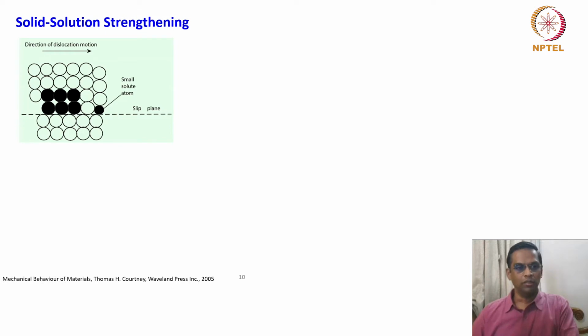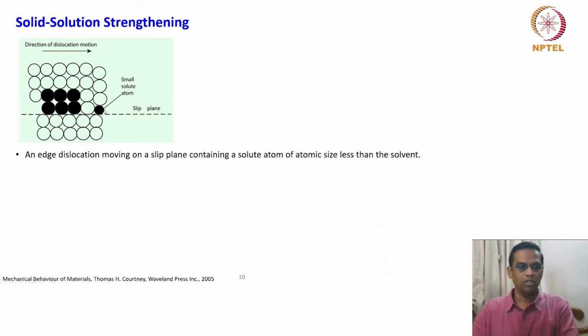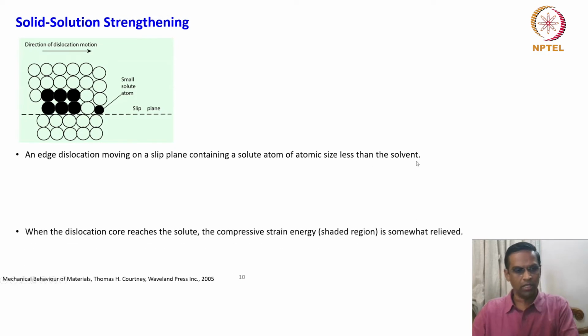So now you know what kind of stress field surrounds an edge dislocation. We have sufficient idea. And when the solute atom is small as compared to the solvent atom, what are all the consequences? An edge dislocation moving on a slip plane containing a solute atom of atomic size less than the solvent.